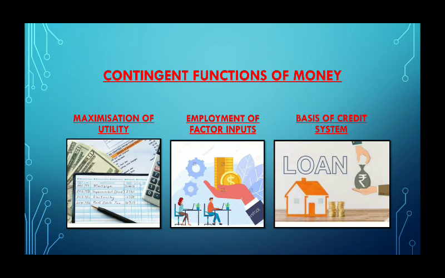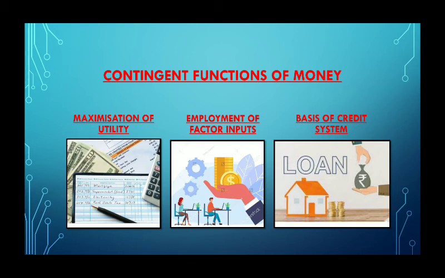Every producer's objective is maximization of profit. In order to maximize their profit, a producer always purchases that many units of labor, say any factor, labor, where the marginal productivity of labor is equal to the wage or the salary which the labor is getting.